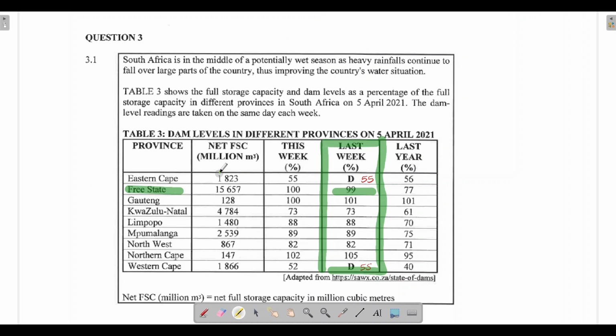We already know that for Free State, the net full storage capacity in million cubic meters is 50,657,000. That is the net full storage capacity.